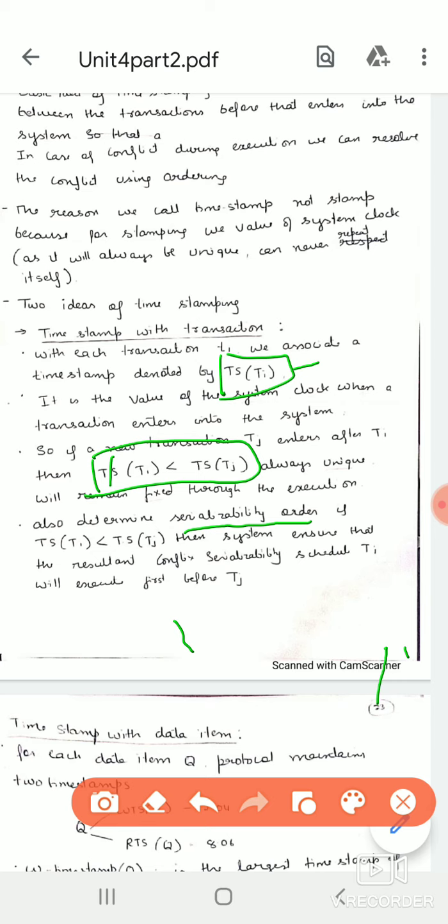Here the system also ensures that in the resulting conflict serializable schedule, Ti will execute first before Tj. That means if you are reading, whichever conflicts are there, you execute after the read. So this also assures serializability, and the resulting schedule will also be conflict serializable.